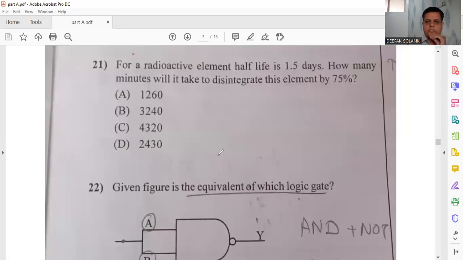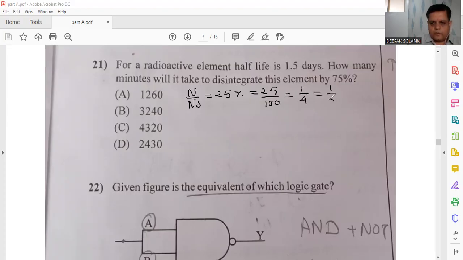For a radioactive element, half-life is 1.5 days. How many minutes will it take to disintegrate the element by 75%? Now, if 75% disintegrate, then undisintegrated will be N by N naught, that is 25%. So it is 25 by 100, so it is 1 by 4, 1 upon 2 raised to 2.